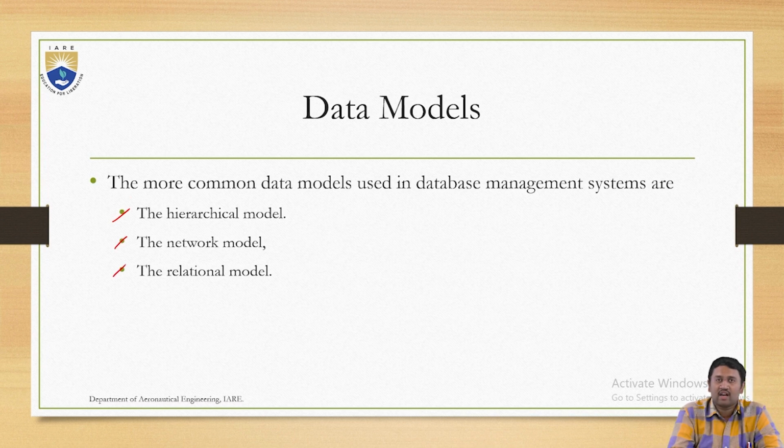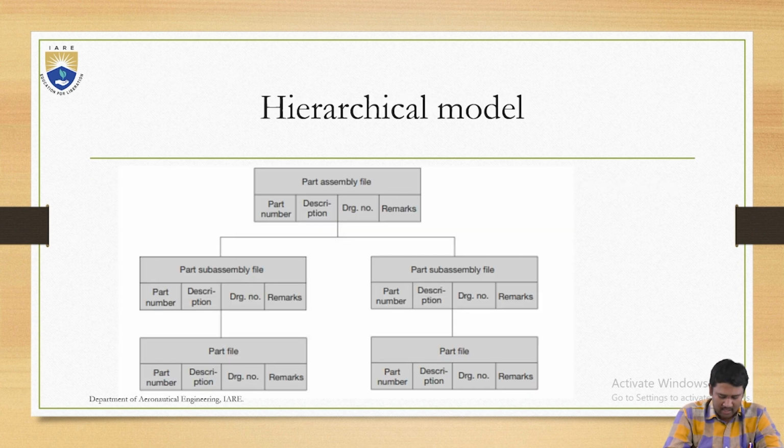First, we'll look at your hierarchical model. In a hierarchical model, a complete assembly file, in our case a car, will have a number of parts, the description of each part, the drawing numbers as well as remarks. This is for the complete assembly of a car, the final product.